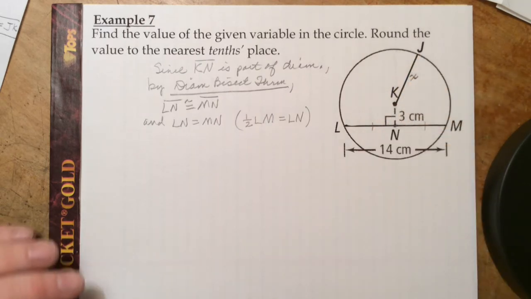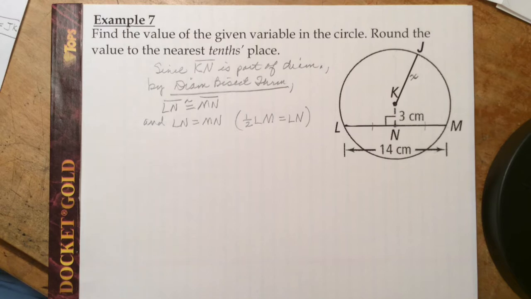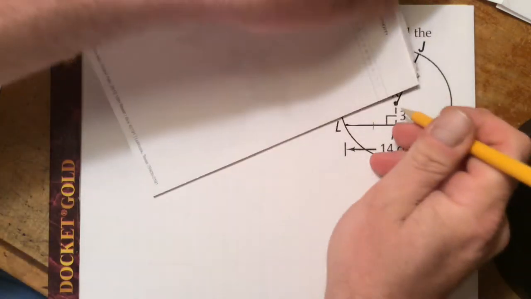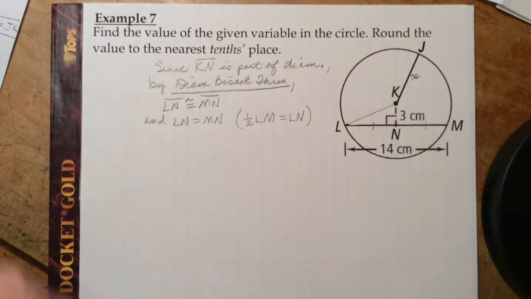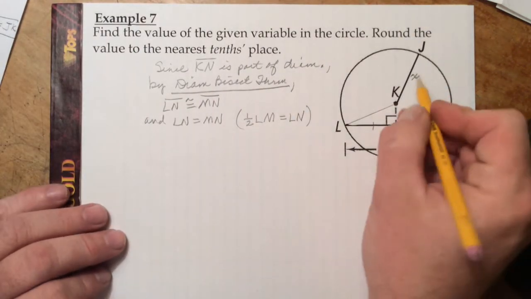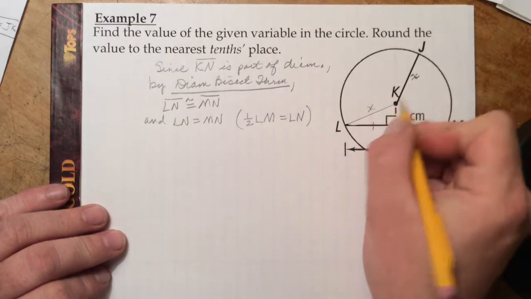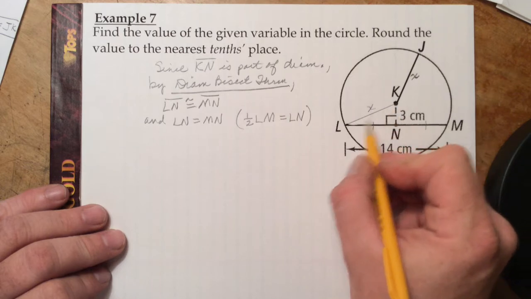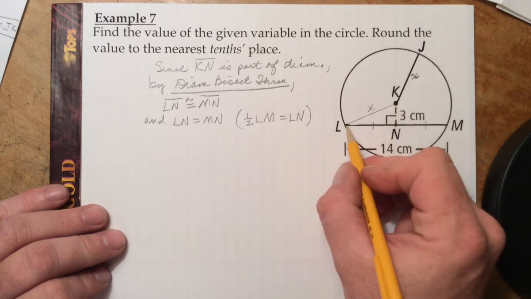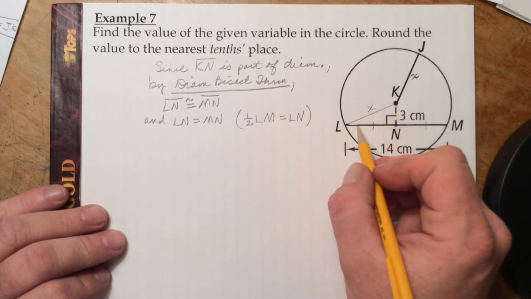If we decide to put it in another location, say right here, this is still x, the length, because it's a radius in the same circle. And all of a sudden we created a right triangle. Always look for right triangles if you can.